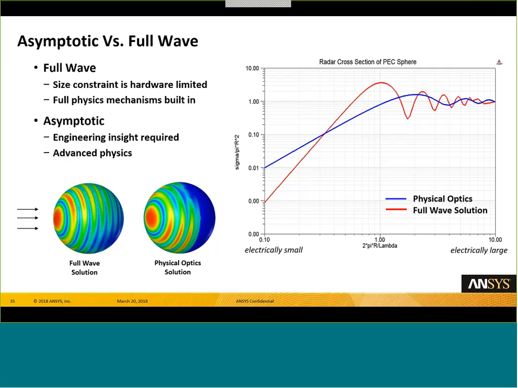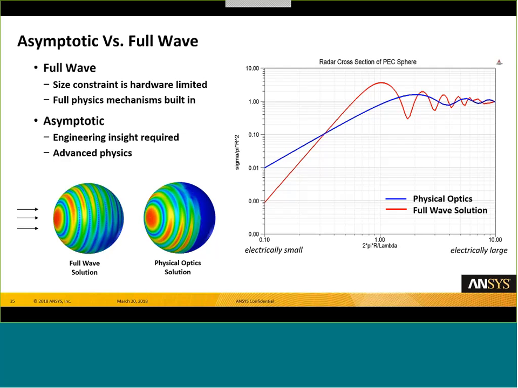And the full wave solution, highlighted in red, agrees with what we get with the theoretical prediction. And there's lots of literature on this. And what you notice right out of the chute is the physical optics solution is just flat out wrong at the electrically small end. And it's not until you get into electrically larger conditions where they start to converge. And that's expected.